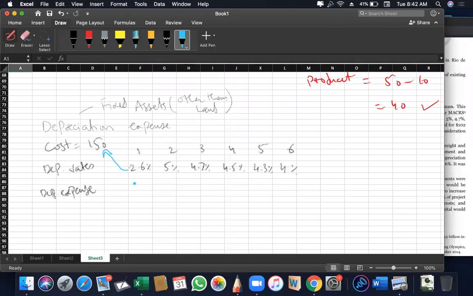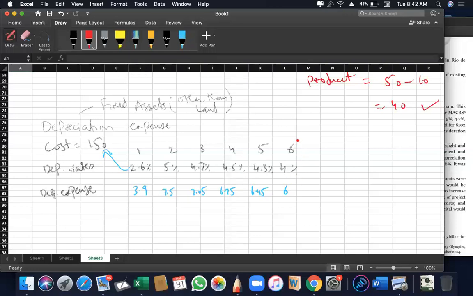You will get 3.9, and here it is 7.5, here 7.05, here 6.75, here 6.45, and here 6. That's good, Ali. So this is the depreciation expense.